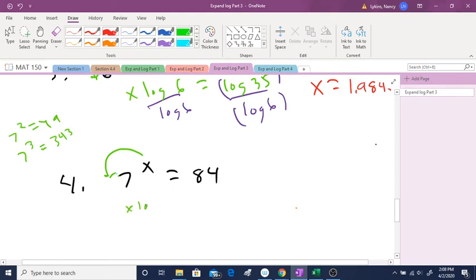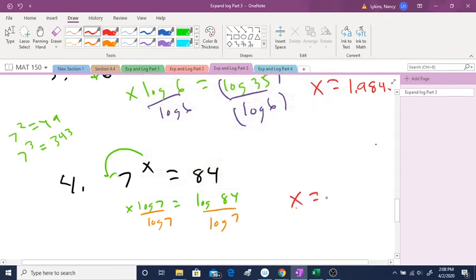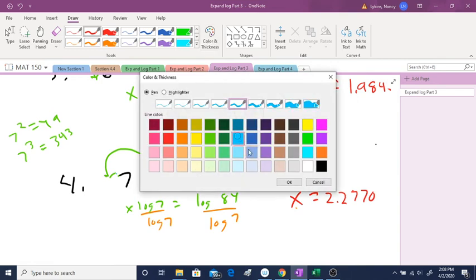So that's going to be x log 7 equals log 84. I'm going to divide by log 7. x equals, in my case, 2.2770.